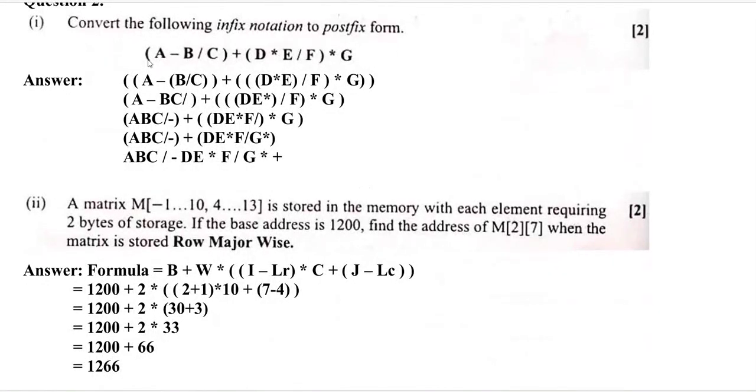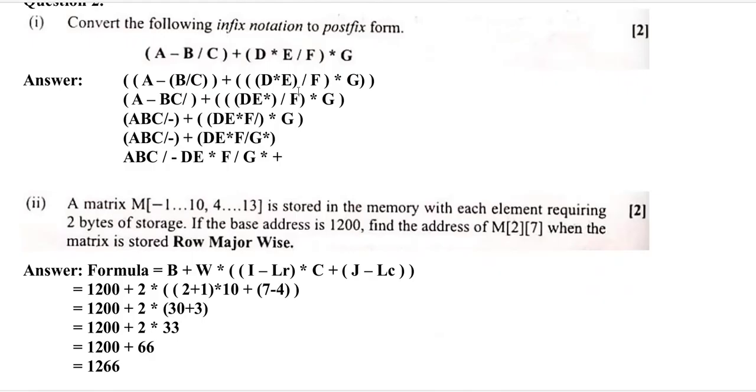So here it's given A minus B dot C within bracket plus, within bracket, D into E divided by F, bracket close, into G. Now if you have to put the priority, first comes B divided by C, which has a higher priority. Second, D into E divided by F. Within this, D into E will have a higher priority over division. This comes by the operator associativity rule.